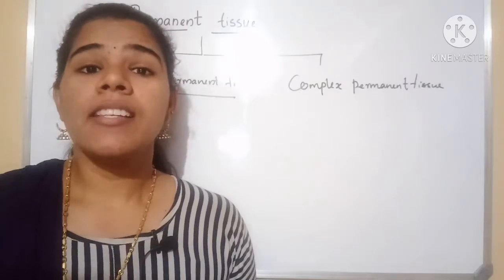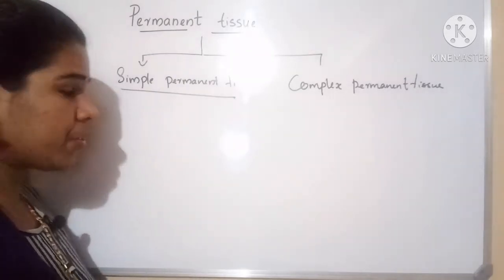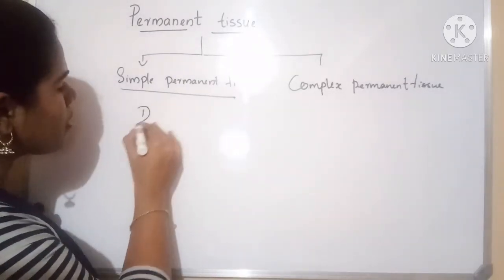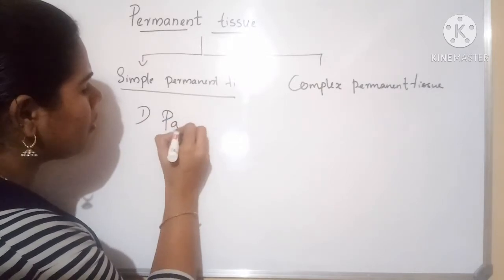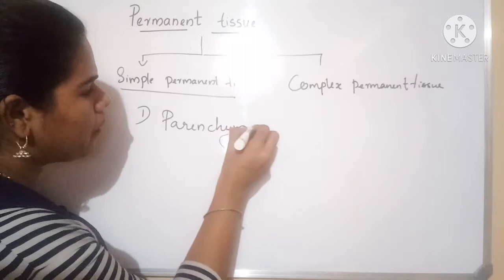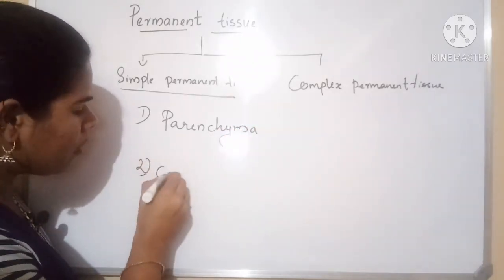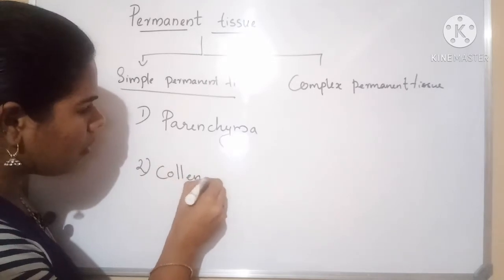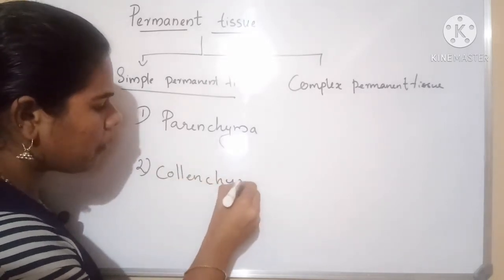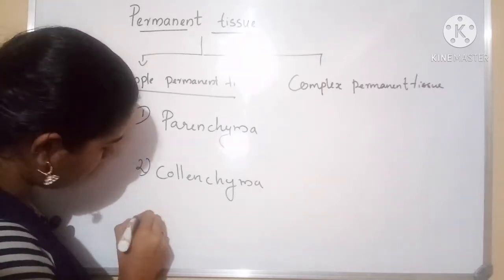This simple permanent tissue is again classified into three. The first one is parenchyma, the second one is collenchyma, and the third one is sclerenchyma.